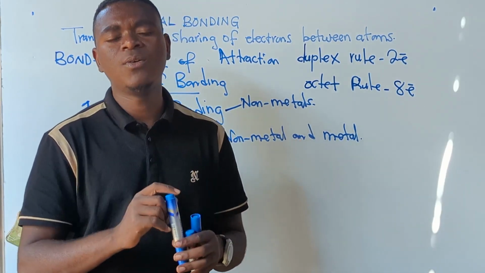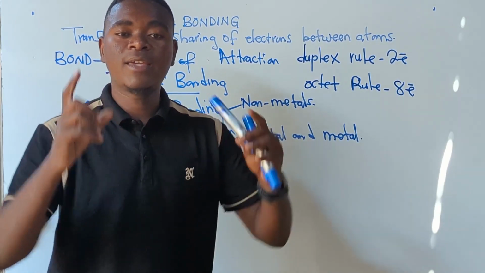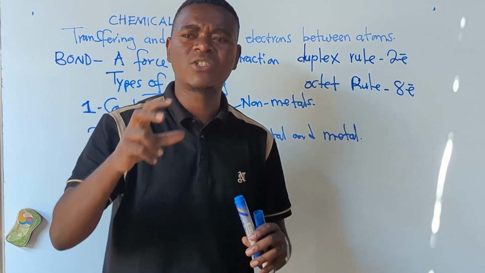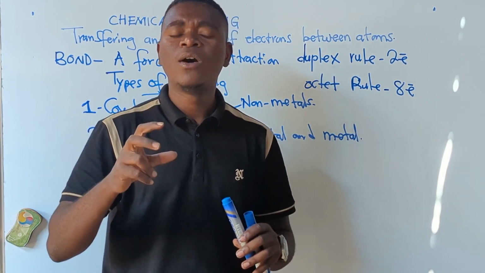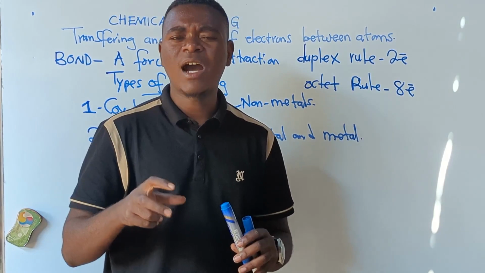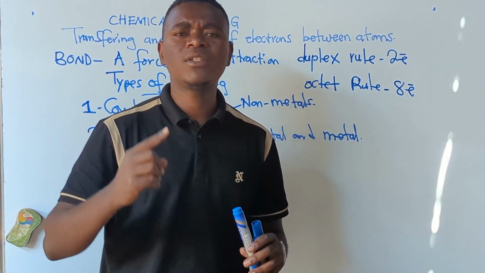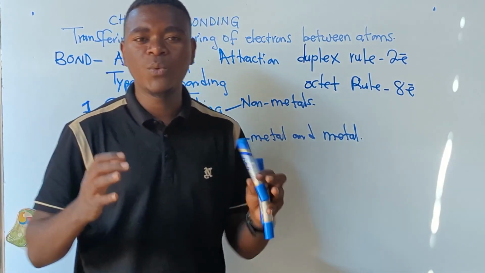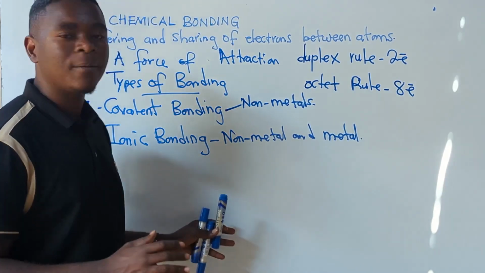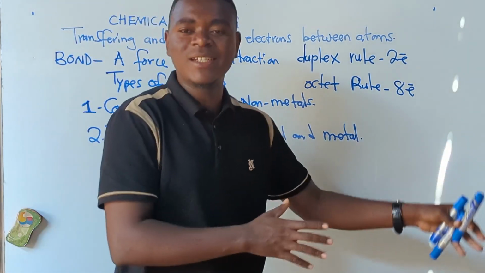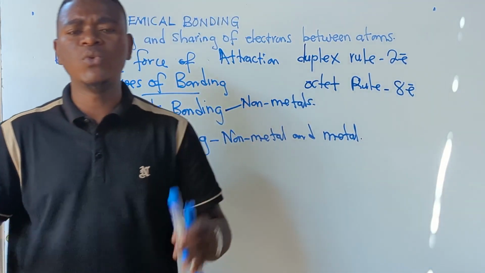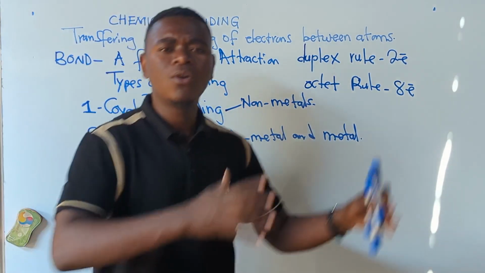I guess you know what a compound is, because chemistry is very sensitive, and each word that you use, you need to know its definition. I've used compound, so you need to know what a compound is. A compound is a chemical combination of two or more substances.